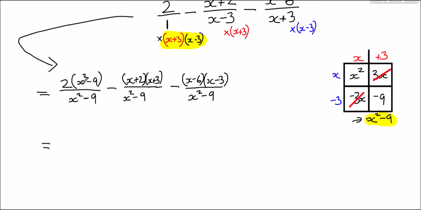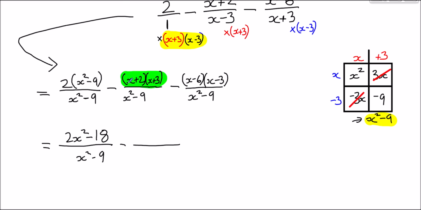So first of all, this one here becomes 2x squared minus 18. So I get 2x squared minus 18 all over x squared minus 9. This one here we can expand out again in the same way, and I'm going to do this a fairly quick way just so I'm not lingering.